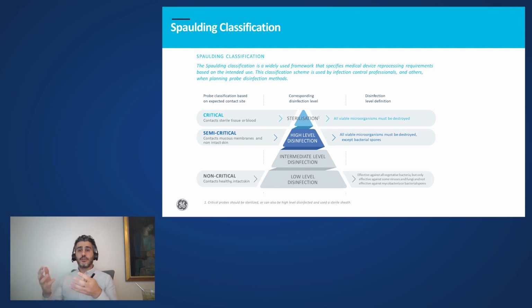So for non-critical probes, low-level disinfection is sufficient. For semi-critical probes, we need to go a step further and do a high-level disinfection. And then for critical probes, we need to do sterilization.